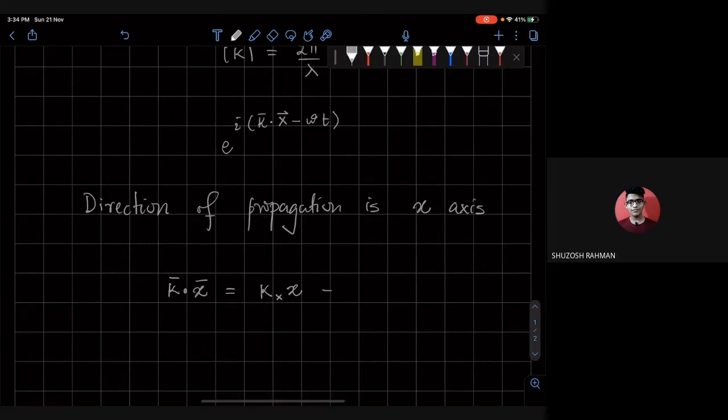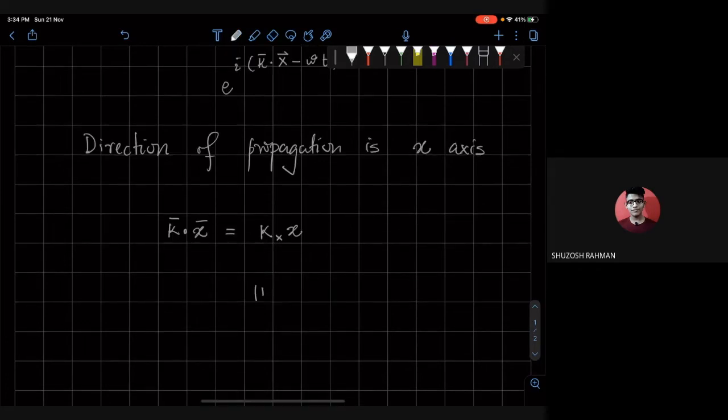And in that case, k can be, of course, positive or negative depending on the direction of propagation. We can say that the modulus of k, which is a coordinate independent object, right? We know that the modulus of a vector does not depend on what coordinate system we express the vector in. So the right-hand side, I'm expressing in a particular coordinate system. The left-hand side is the more general definition.